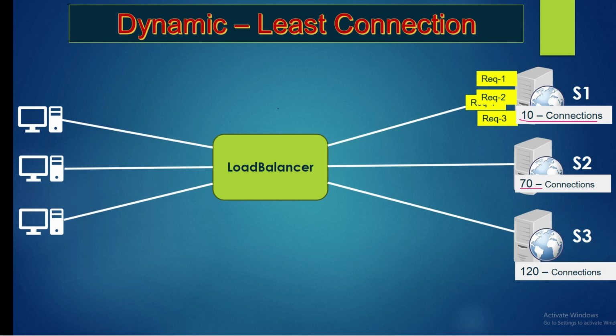Now request 4 and request 5 hit server 2. That is called least connection.